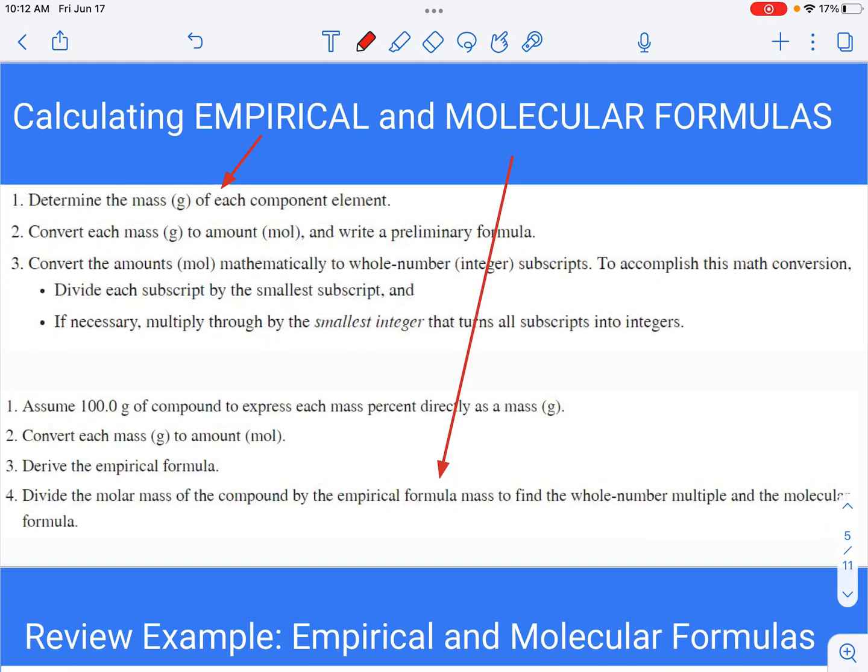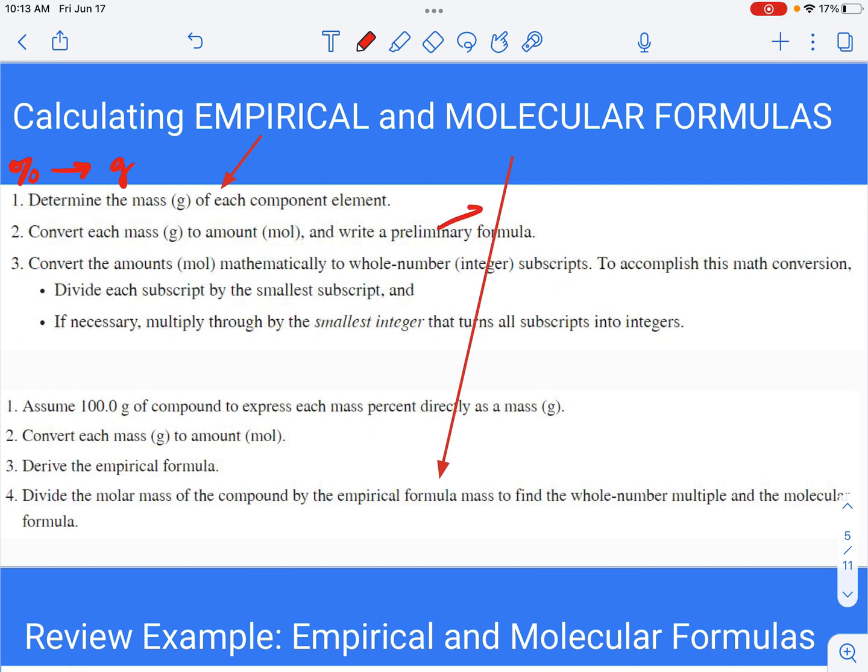This would be review from first year. Okay, so to calculate the empirical formula, you are going to determine the mass of each component element. You might have the percents first, in which case percents get changed to grams. And then you're going to convert grams to moles.